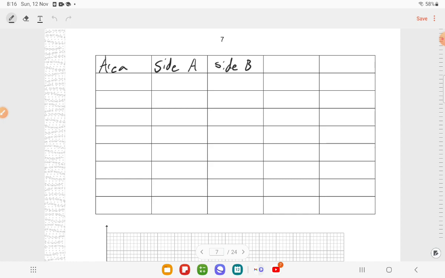So if A is equal to, okay, there's 8 spots. I'll just do 30 each.